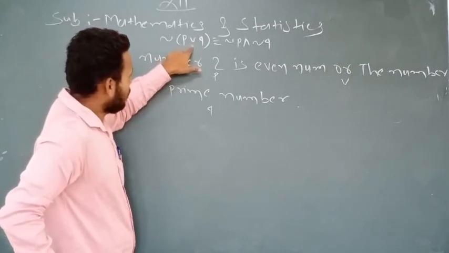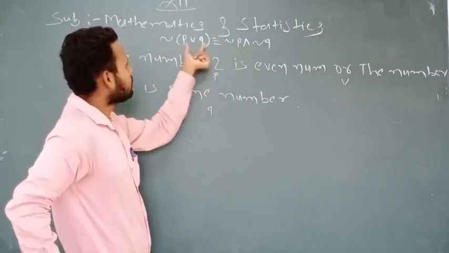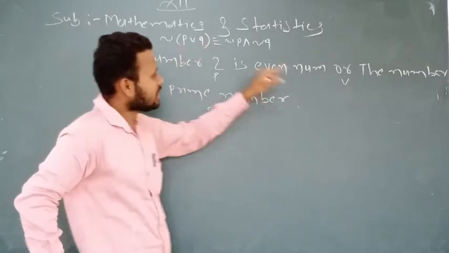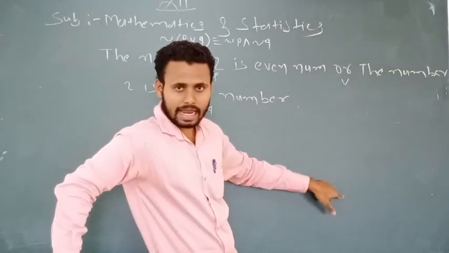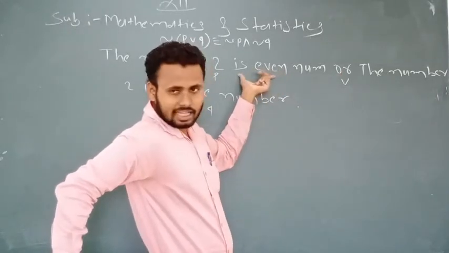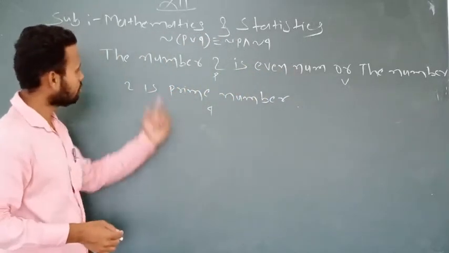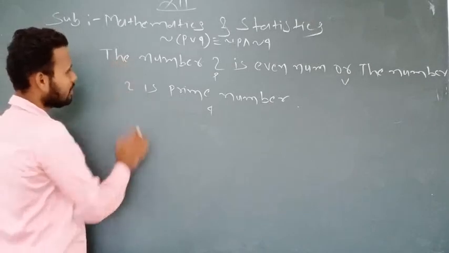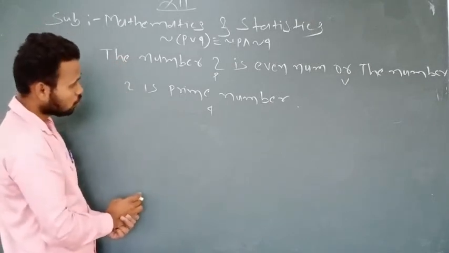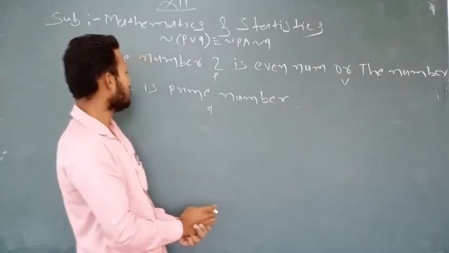The negation is the conjunction of their negations, meaning in place of or there will come and, and take the negation of this statement and the negation of that statement. The given statement is: the number 2 is an even number or the number 2 is a prime number.